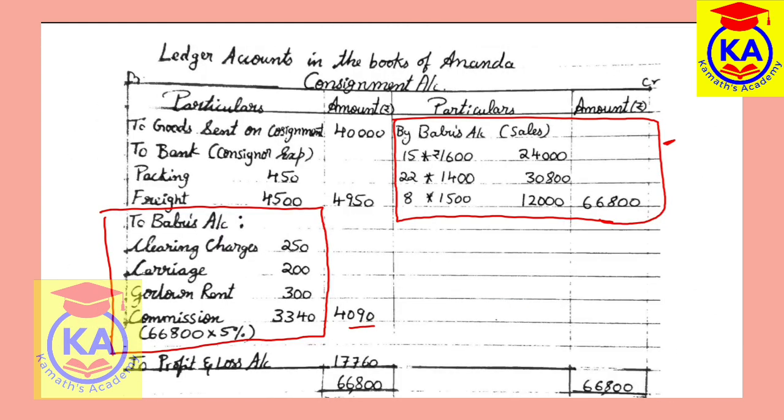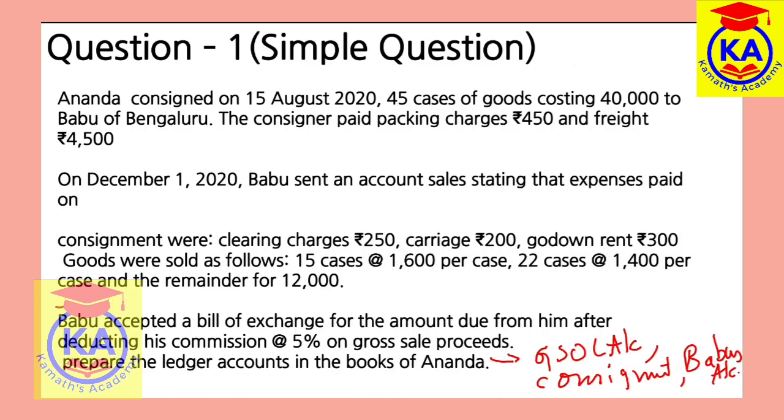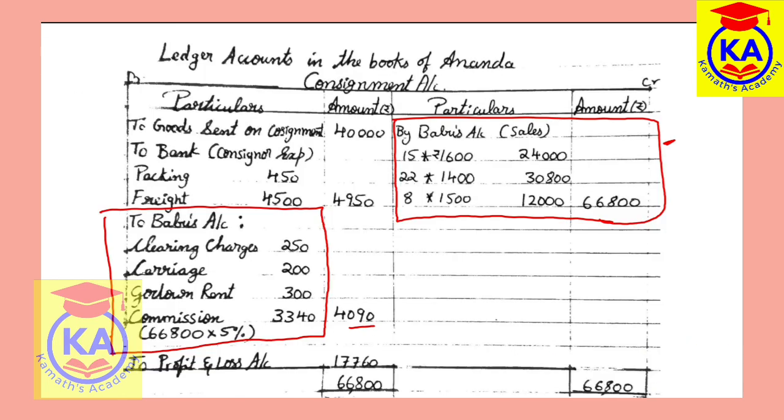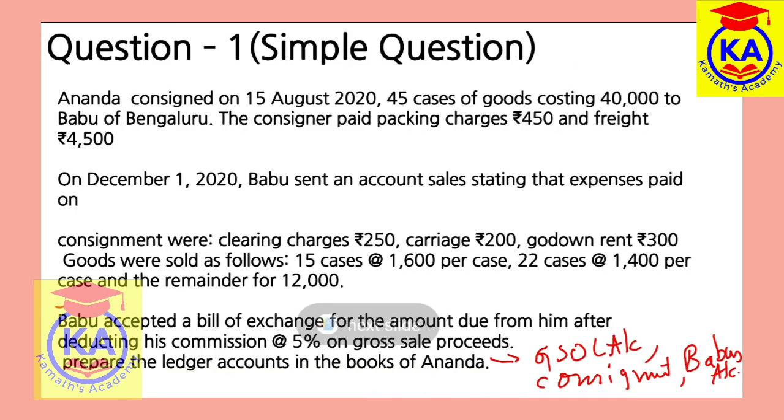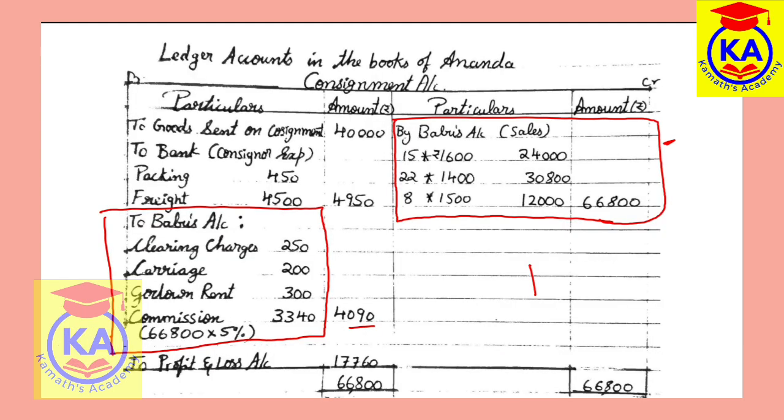So, wait a second. So entry when Babu accepts the bill, in the books of Ananda. So what is the journal entry? Bills receivable account debit to Babu's account, right?